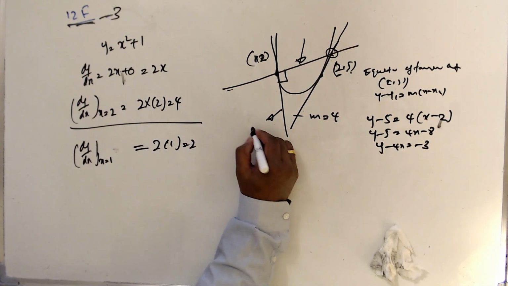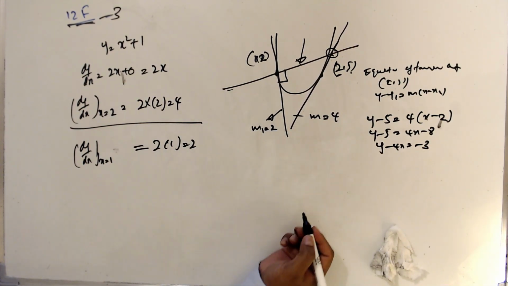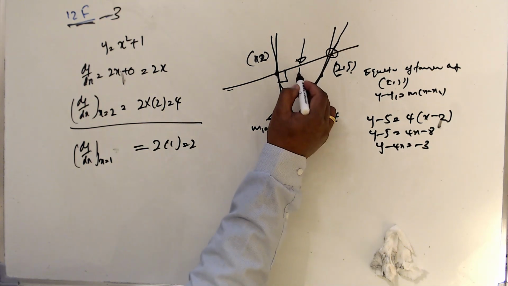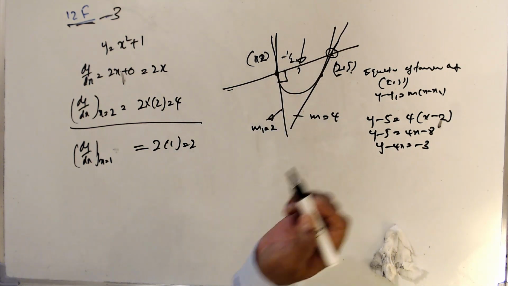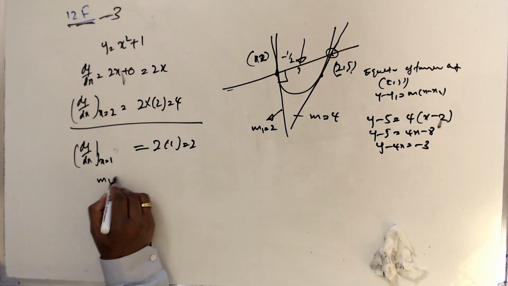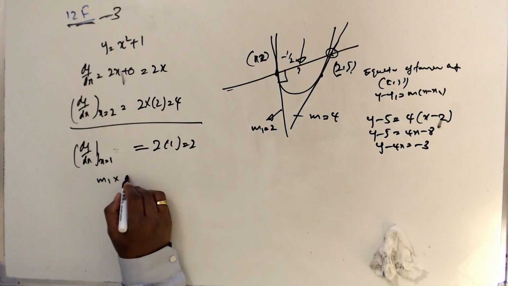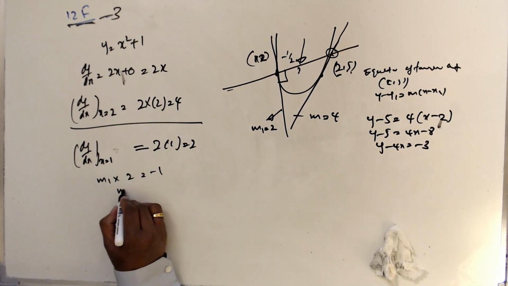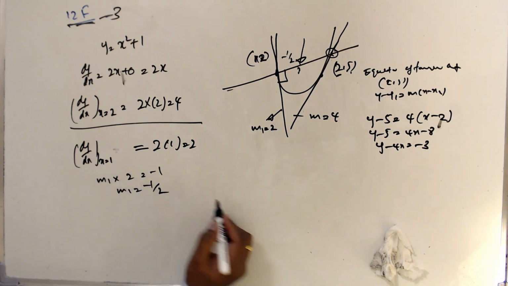So this gradient, let's say m1, is 2. Now this gradient is the perpendicular gradient, so m1 times 2 equals minus 1, m1 equals minus half.